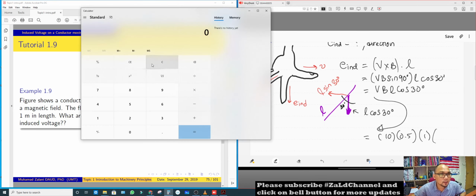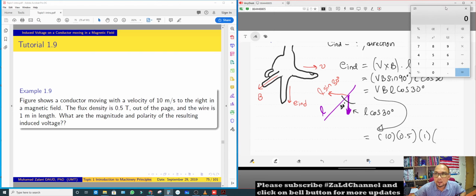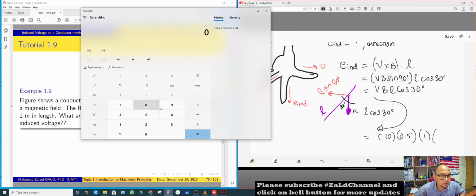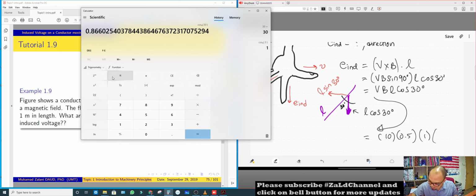Cosine 30 degree. Where is cosine? Function, trigonometry, cosine 30 degree is 0.8660.